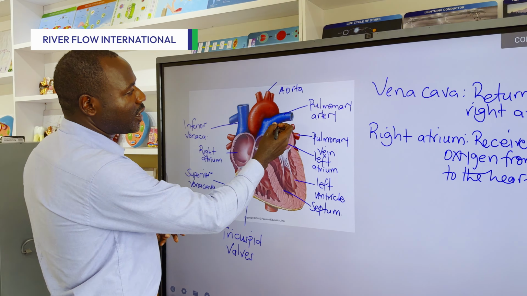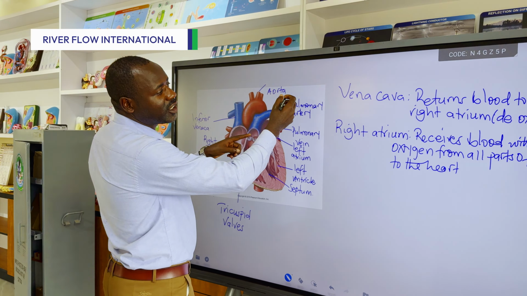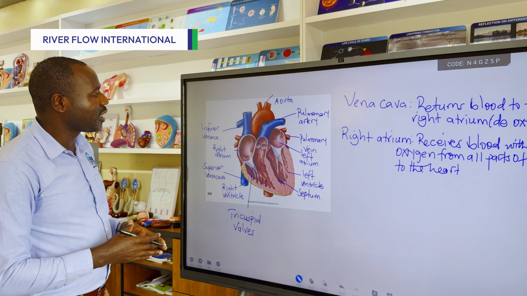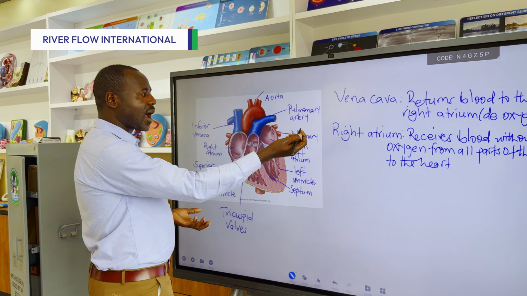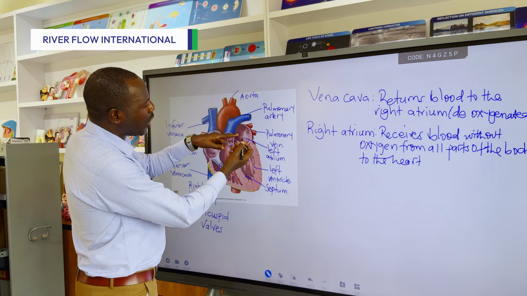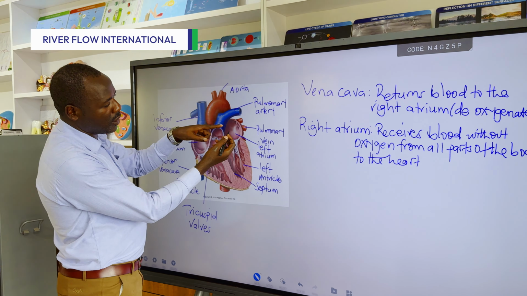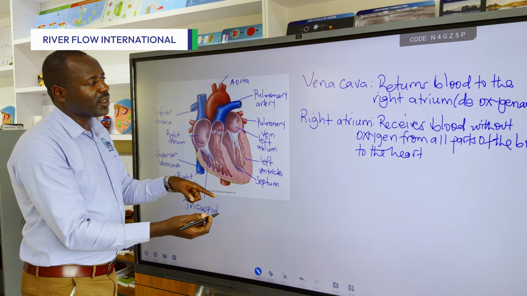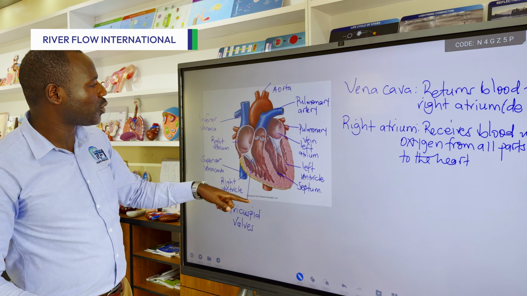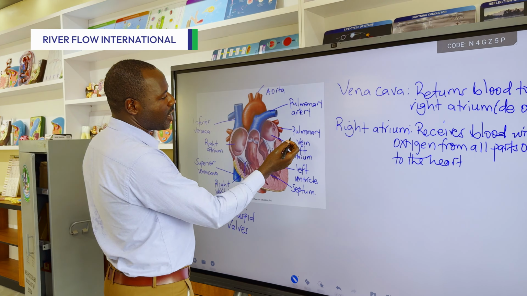So when this blood reaches the lungs, it gets oxygen. After getting oxygen, it returns to the heart. Now this blood will be received by the left atrium. But the blood vessel that returns blood with oxygen to the heart is called the pulmonary vein.